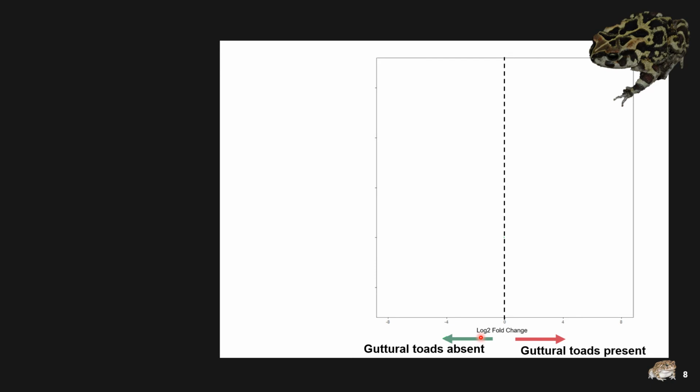So if one of these points that will appear in a moment falls on the left-hand side of the dotted line over here, it means that there's a higher abundance of the bacterial genus in areas where guttural toads have not been introduced. If it falls on the right-hand side, it means there's an increase in abundance in western leopard toads of bacterial genuses where guttural toads have been introduced.